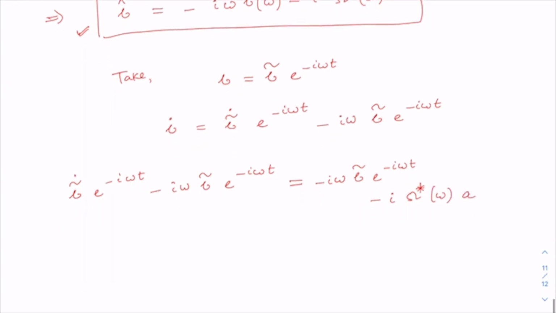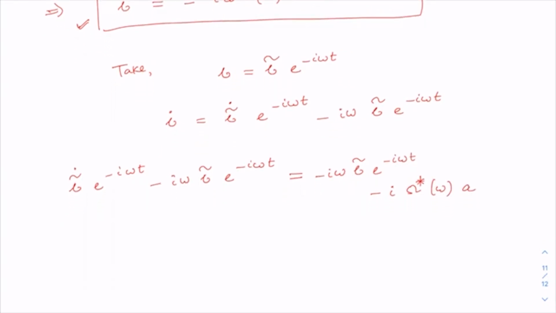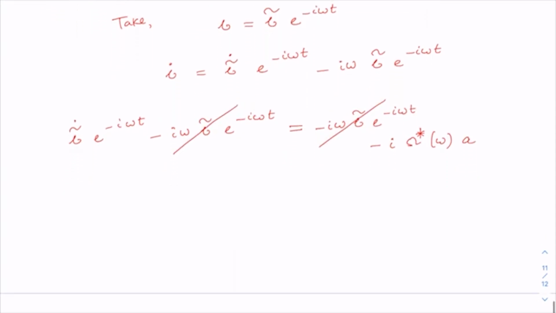Now as you can see from this equation, this particular term and this term get cancelled out, and we'll have b tilde dot is equal to minus i omega star of omega a e to the power i omega t.